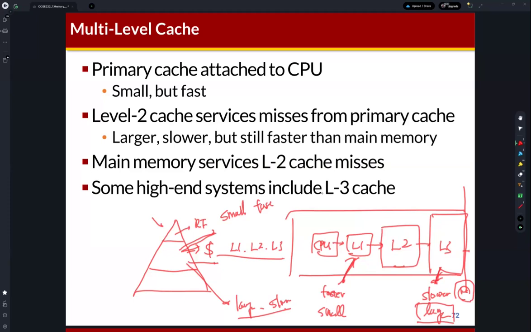This is the property of the memory component. So we can organize the multi-level cache hierarchy in the CPU like level 1, level 2, and level 3.